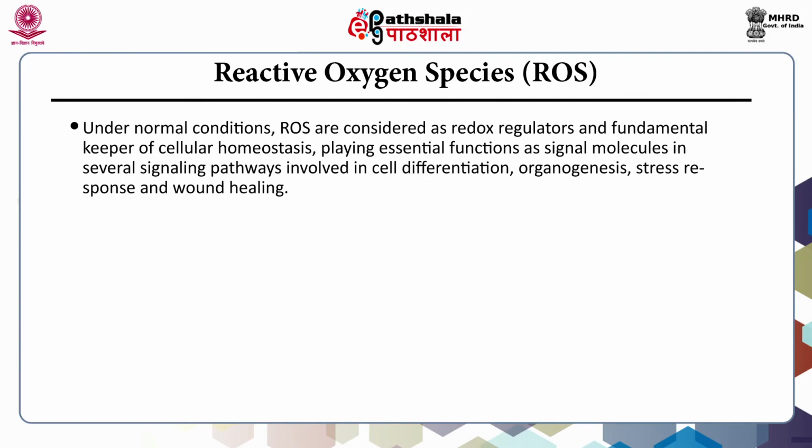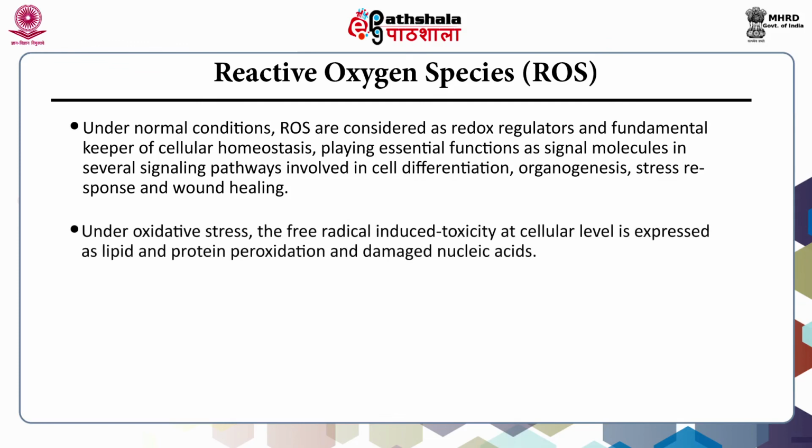Under normal conditions, ROS are considered as redox regulators and are fundamental keepers of cellular homeostasis, playing essential functions as signal molecules in several signaling pathways involved in cell differentiation, organogenesis, stress response and wound healing.